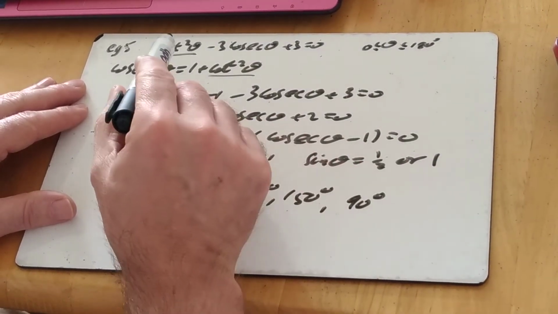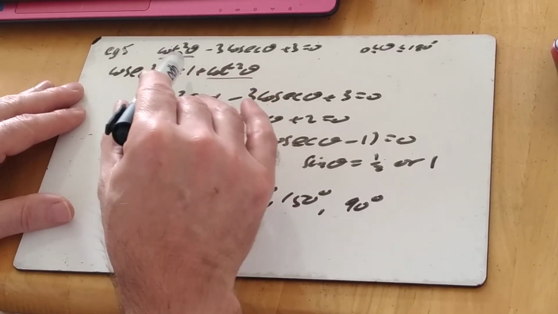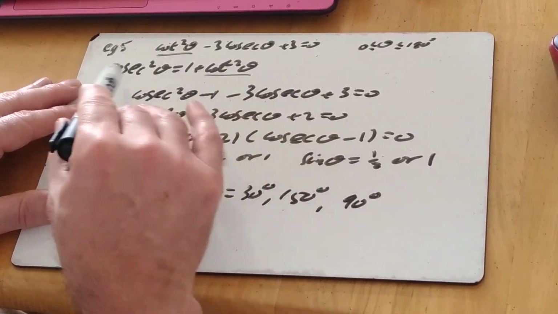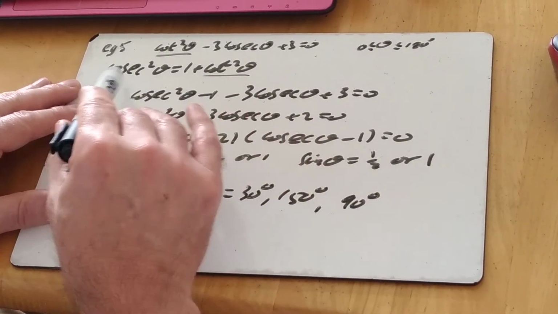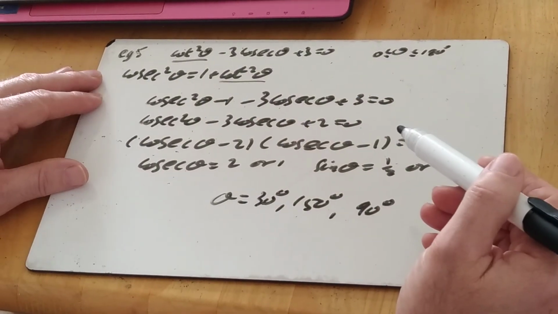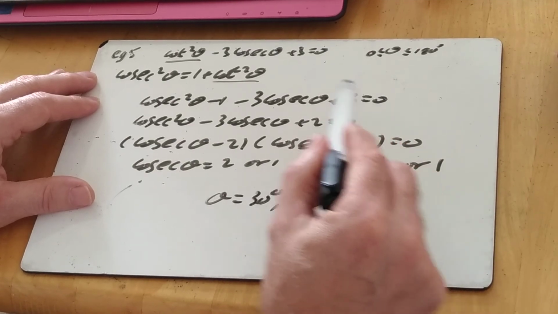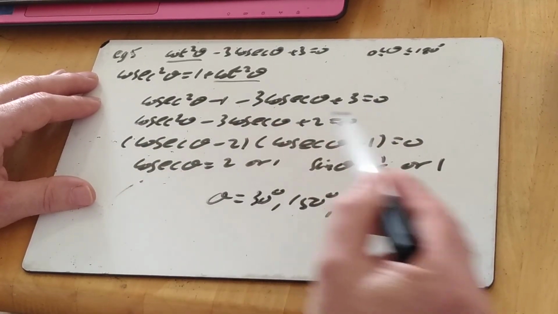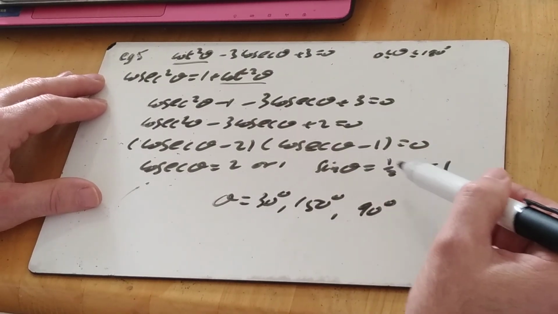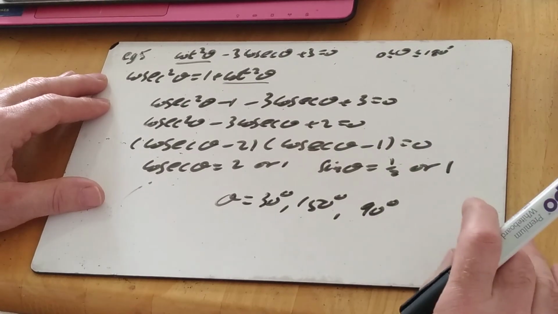So notice yet again, I've got to use one of my new Pythagorean identities to do a substitution, and at the moment it's probably not a bad idea for you to rewrite the ones you are using, so it gets you used to learning them. And then from that, get your quadratic in terms of one variable, solve it, turn that into answers for sine, cos or tan, and then do your previous work to remember to get all your solutions. And that's that.